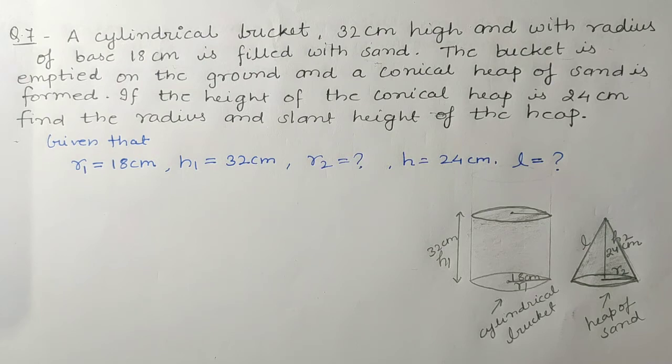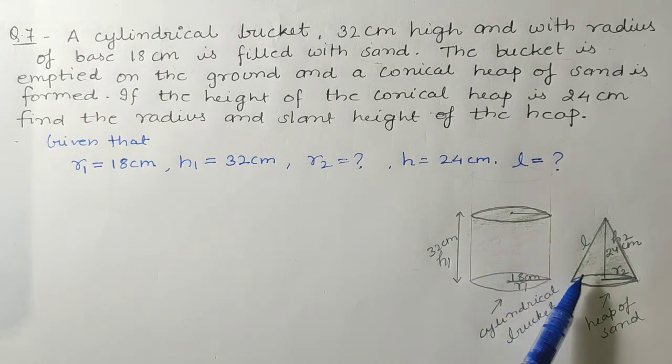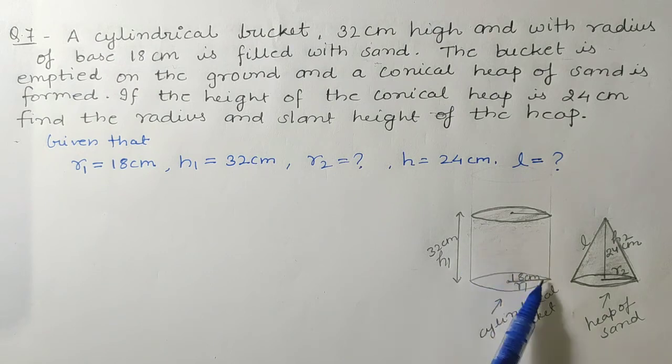So again we'll use the same concept, that the volume of this sand will be equal, whether it is in the form of a cylinder or in the form of a conical heap. If this cylinder is filled with sand and it is emptied, then the amount of sand will be the same.